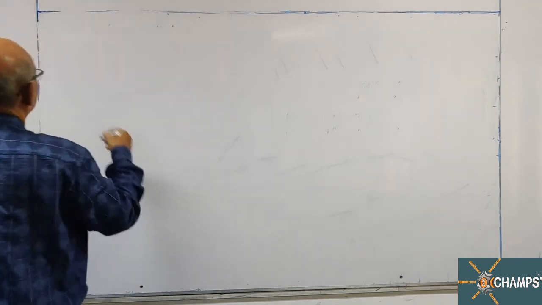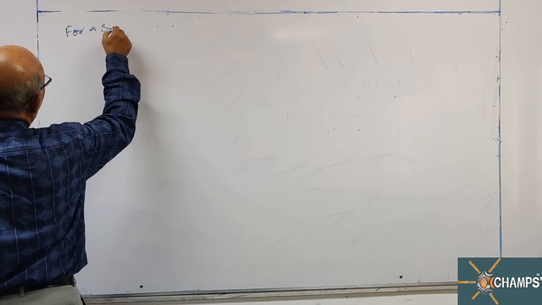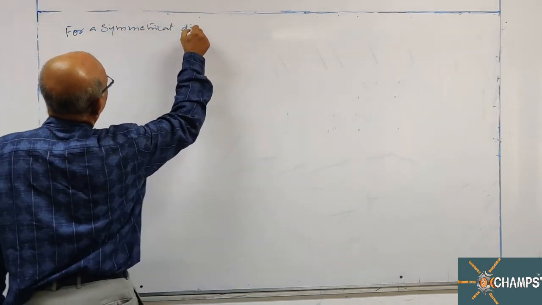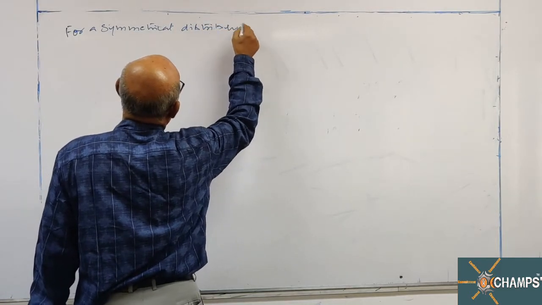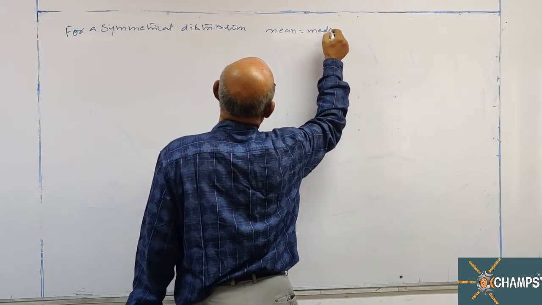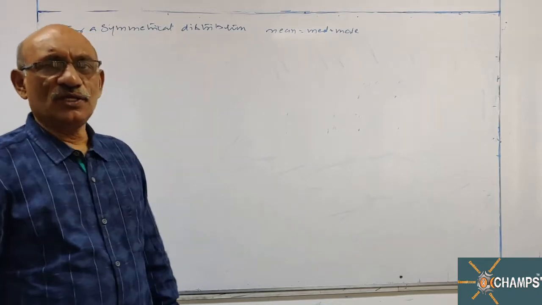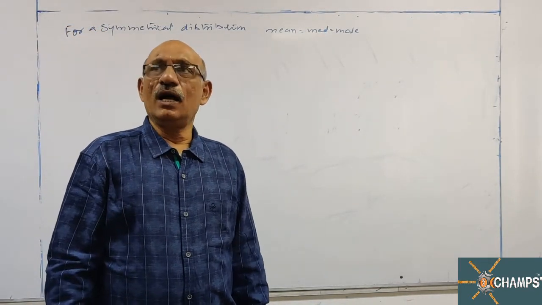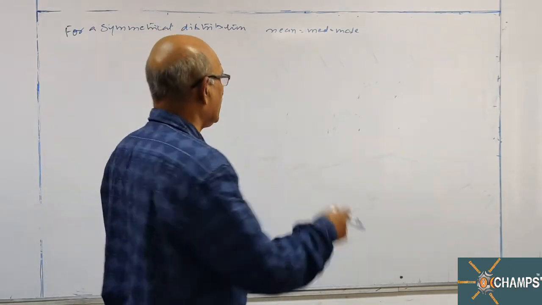Now, for a symmetrical distribution, mean is equal to median is equal to mode. Symmetrical distribution means frequencies are gradually increasing, and after reaching the maximum value, frequencies are gradually decreasing.